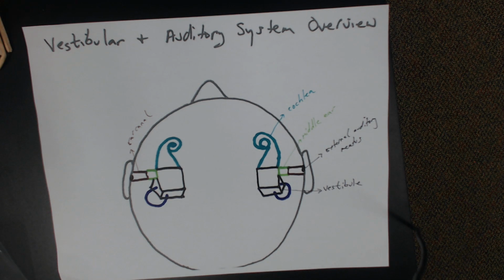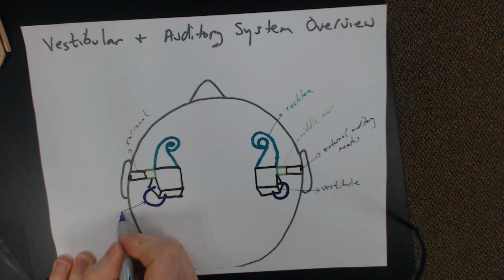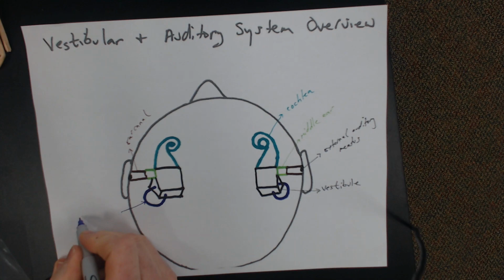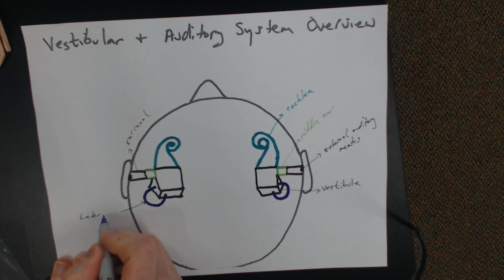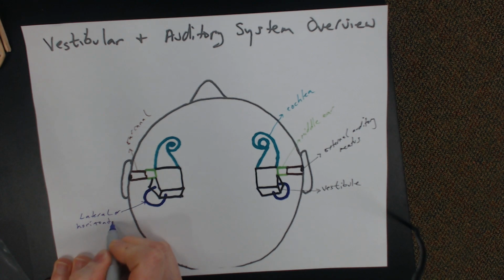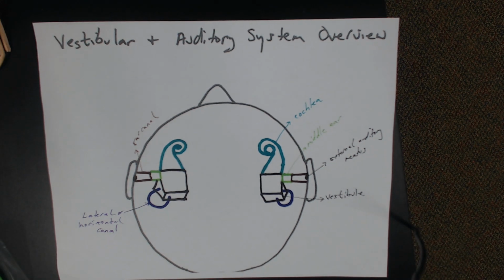Okay, this thing has a couple of names. They both mean the same thing. This is either, and because it's very lateral, a lateral or horizontal canal. Okay, one on each side.